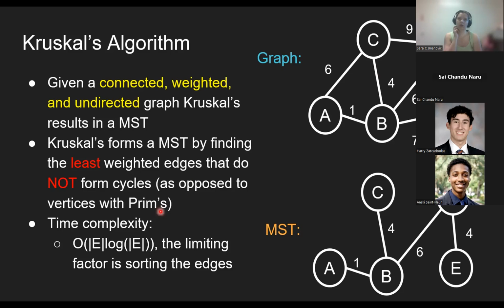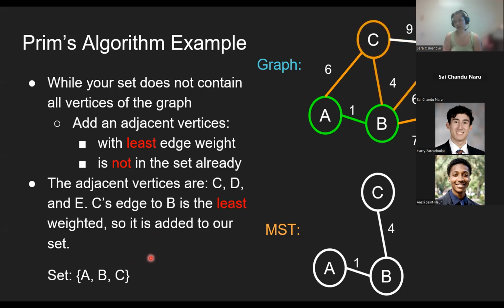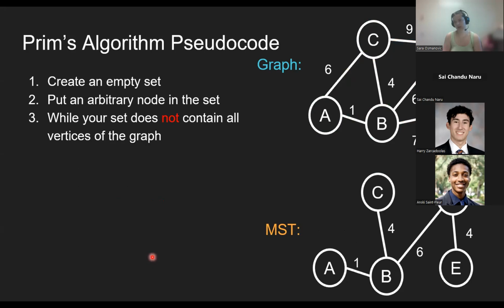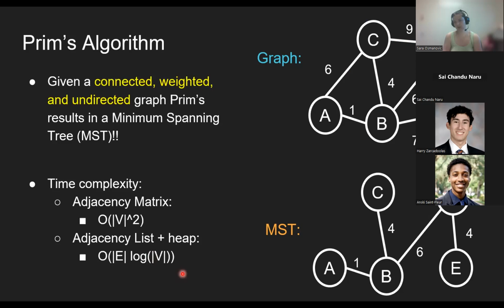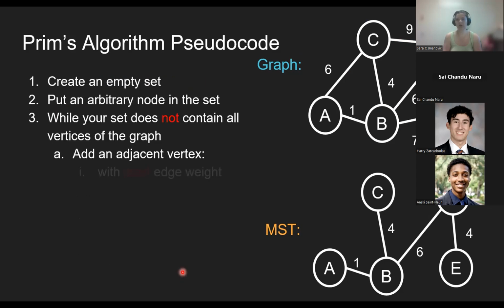So because you have to check for the cycles, because Prim's algorithm excludes that by removing the duplicate vertices in the set. The time complexity of Kruskal's algorithm is E log E, which is, I think, different than what they said in the previous one. No, this is Prim's, sorry.